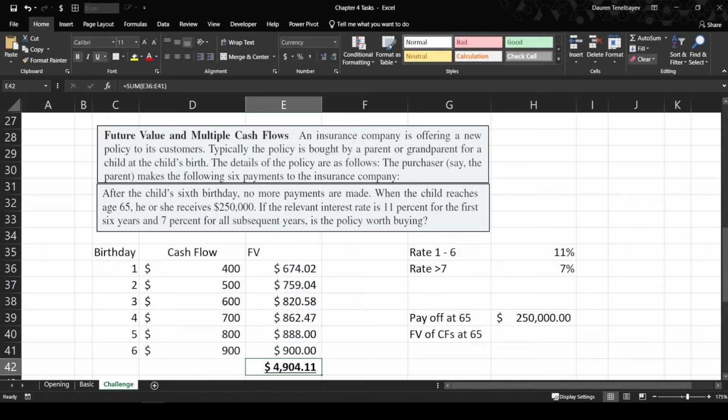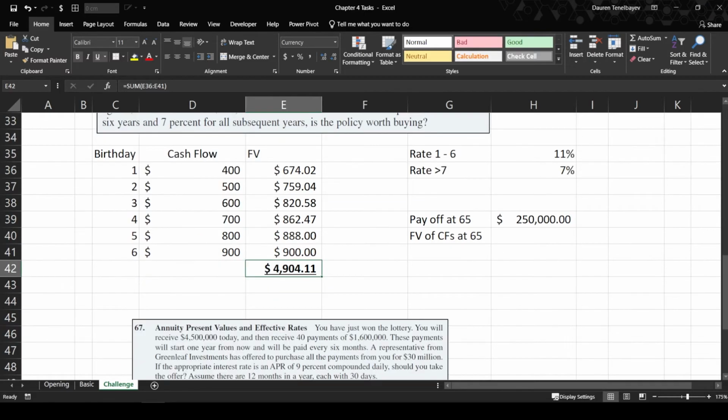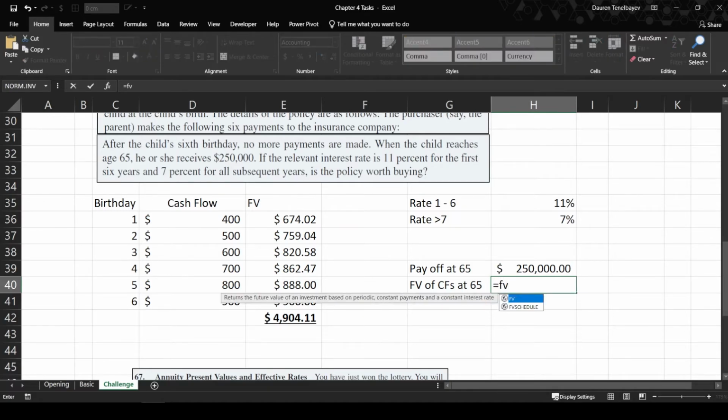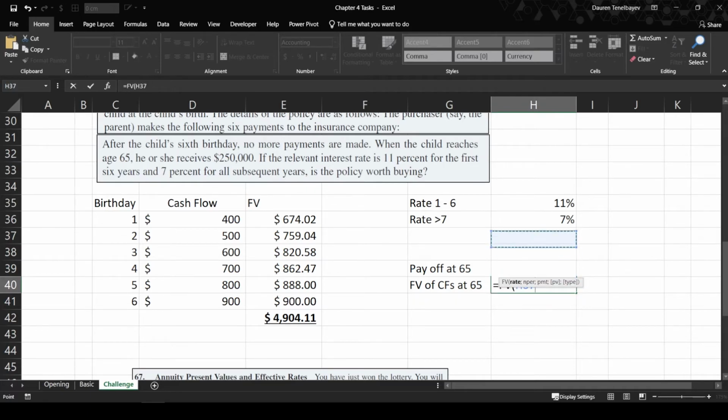So our future value of those cash flows is almost $5,000. And the next question is, we have to find the future value of that lump sum amount that we have calculated. Again, we will use the formula for future value here, and in this case, the rate is 7%. NPER is 65 minus 6.